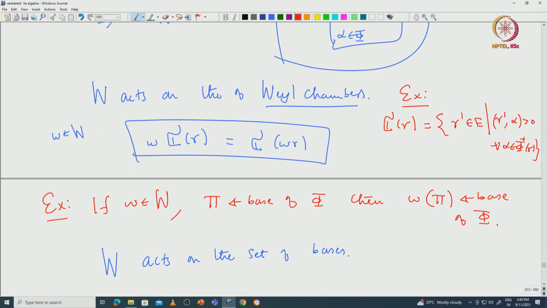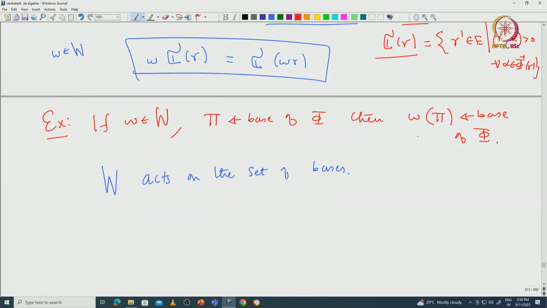Because phi plus of gamma is uniquely determined by gamma, this phi plus defines C(gamma). From this you can see that if you apply w on C(gamma), then you get C(w gamma). That is also not hard to prove.